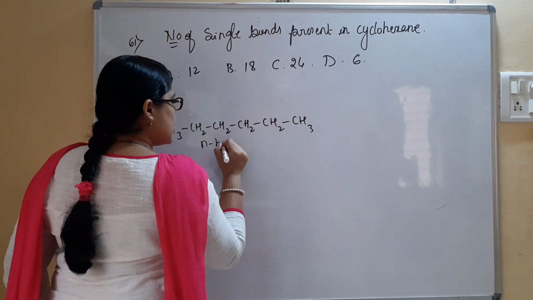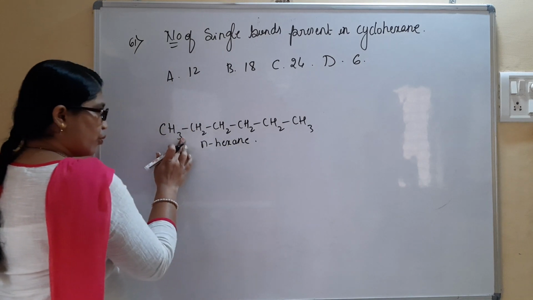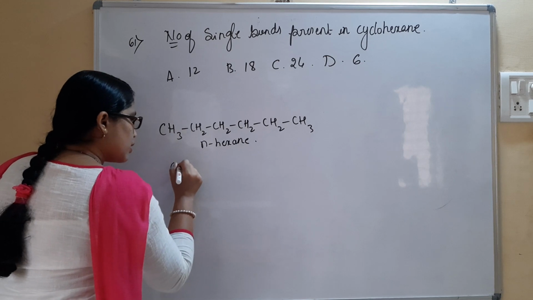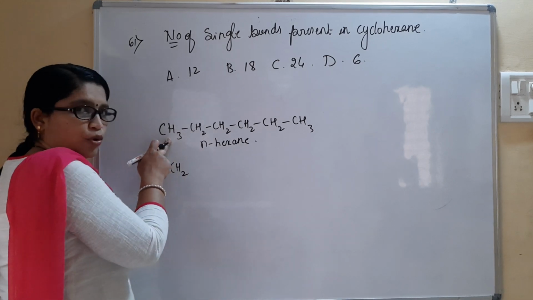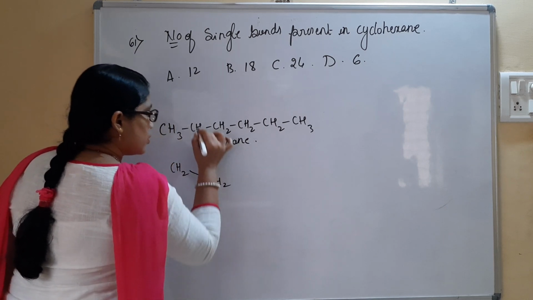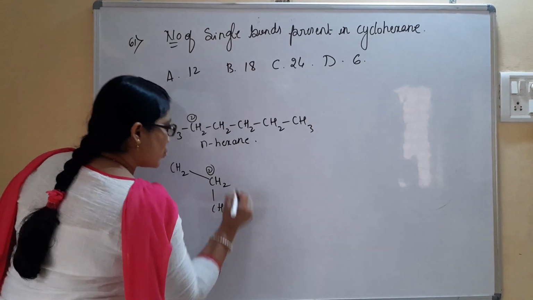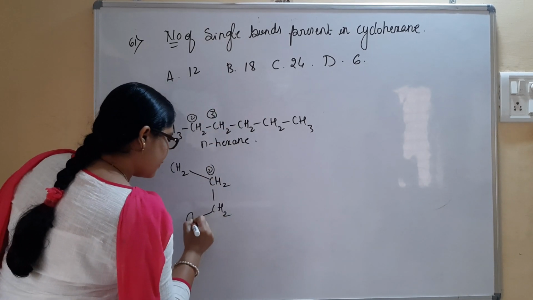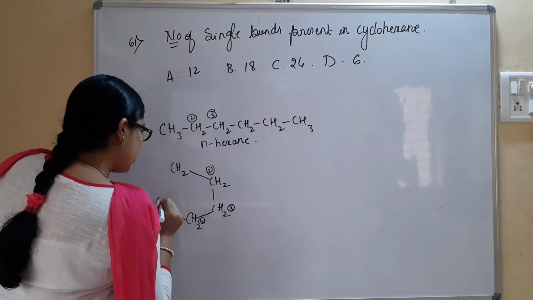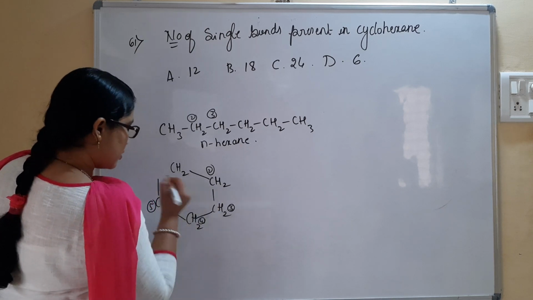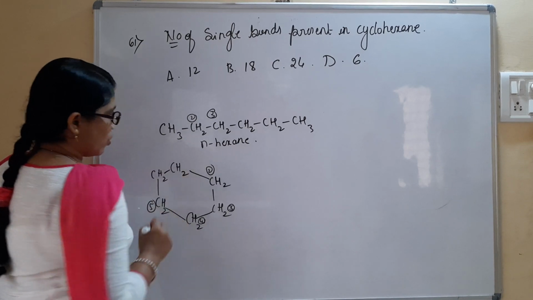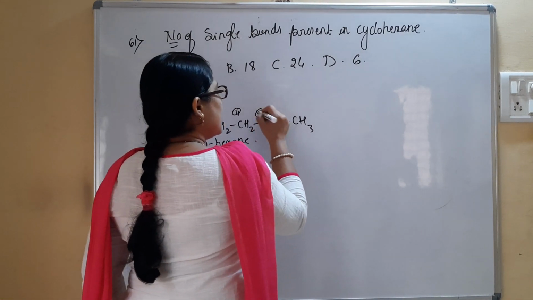This is n-hexane. Just remove one hydrogen from this end and one hydrogen from the other end, and close the structure. So I'll write here CH2, because I have removed one hydrogen. Then I have CH2, this is my second one. Then CH2, this is my third, then CH2, my fourth, CH2, my fifth, and then the sixth.